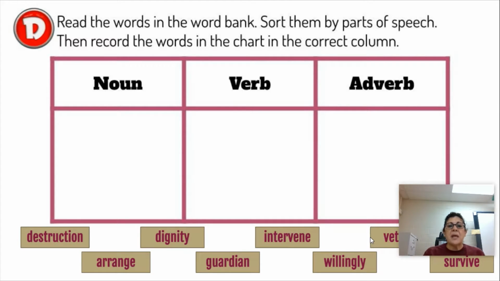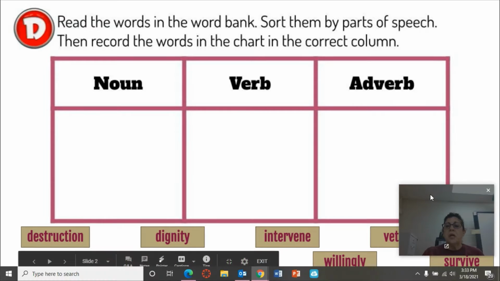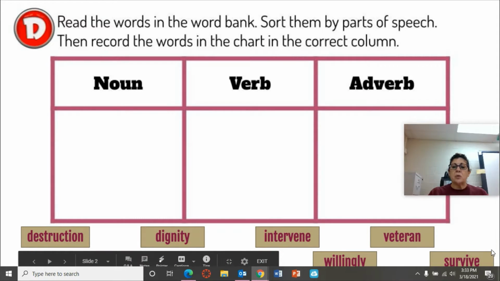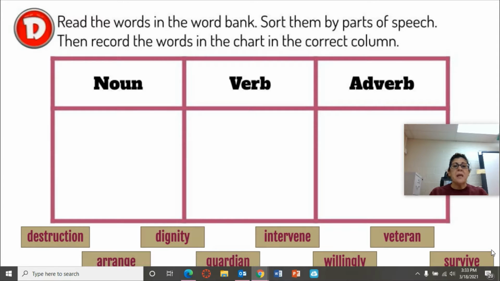Then you are going to sort out these words down here on the bottom into these different categories, whatever category they belong. Just pause the video, and whenever you're ready, come back to me.